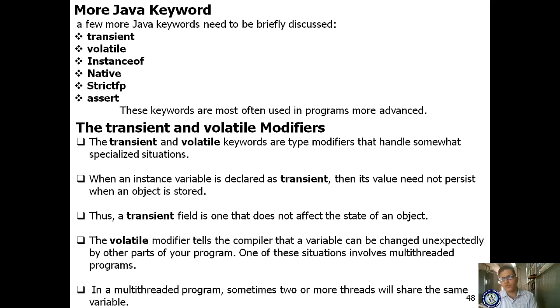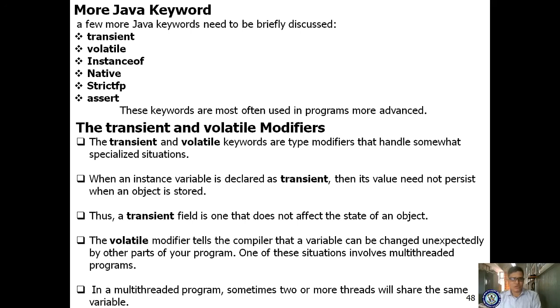In a multi-threaded program, sometimes 2 or more threads share the same variable. In that situation, the value must vary. If the value doesn't vary, then it gives inconsistent results.